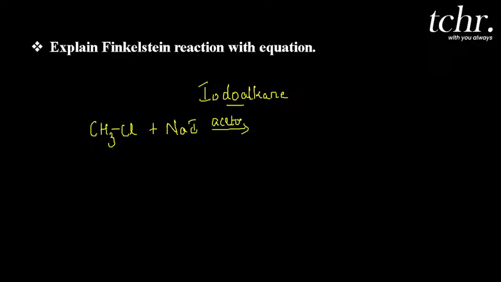I will tell you why we have to take acetone. So students, here it is very simple. It is just like a substitution or a displacement reaction. The exchange of the halogen takes place and you will get iodomethane, that is CH3I, plus NaCl as a byproduct.